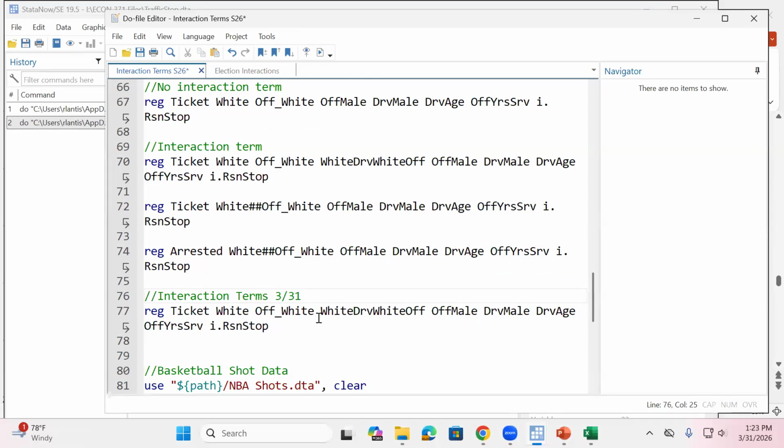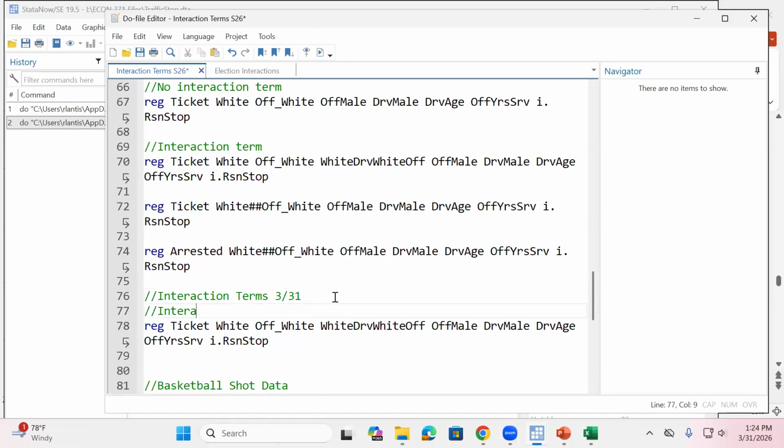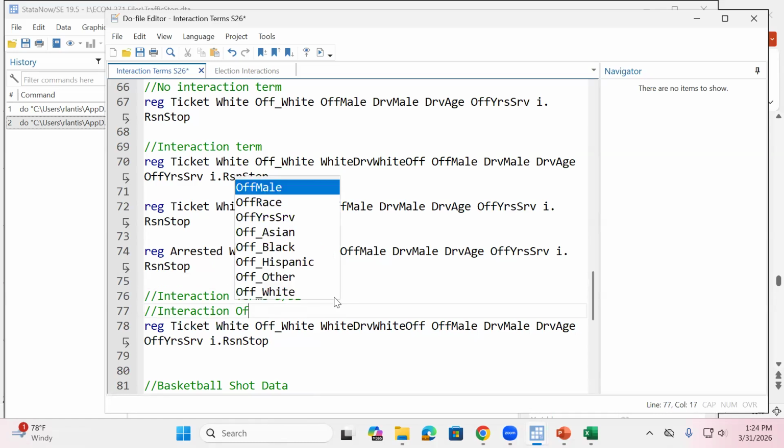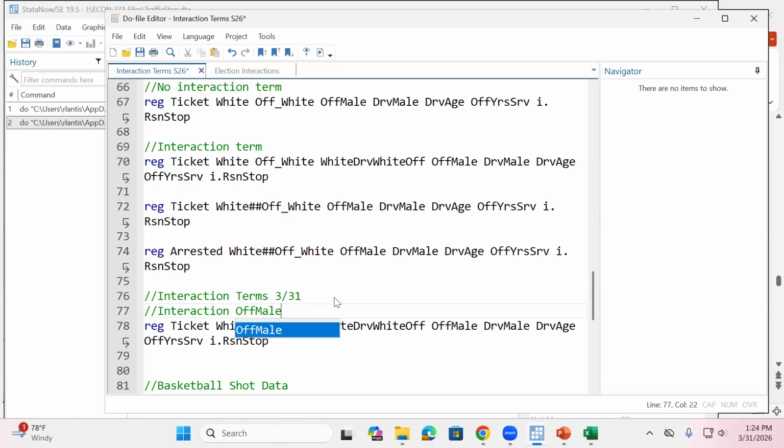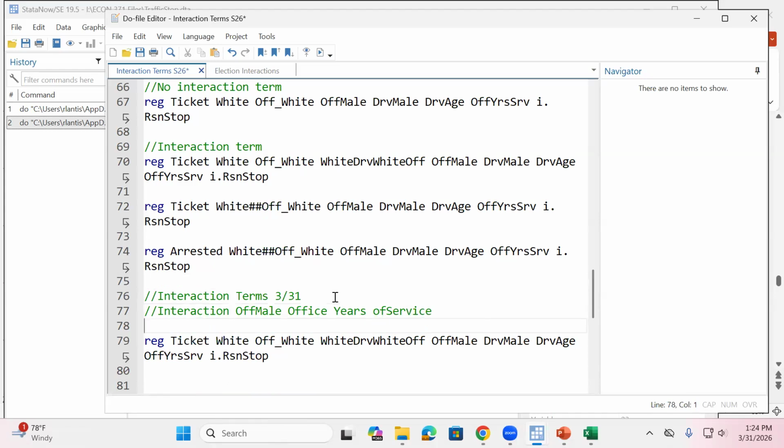So I can include all of these additional controls. I'm going to do something here, though, where let's look at the interaction between the officer being male and officer's years of service. So we've got a dummy variable and a continuous variable. I'm going to create, where did I have this?